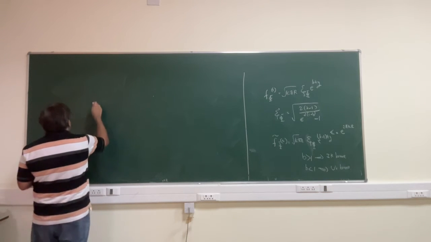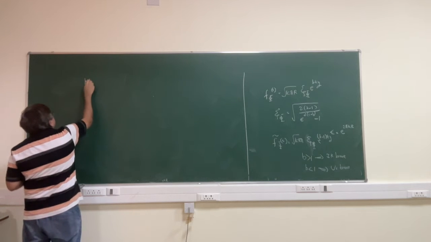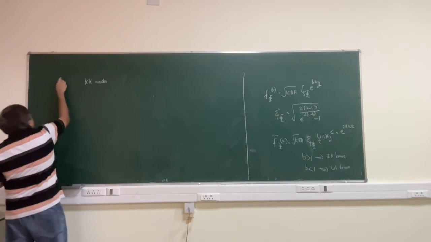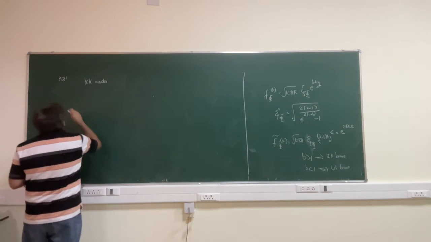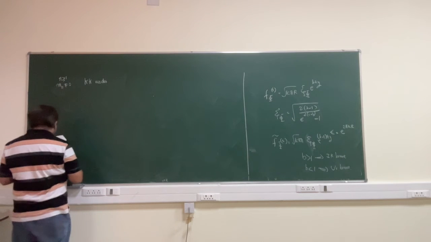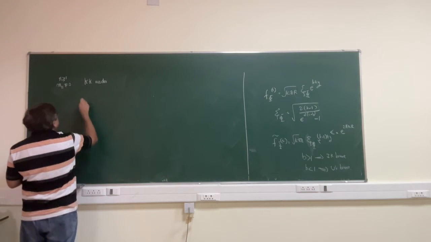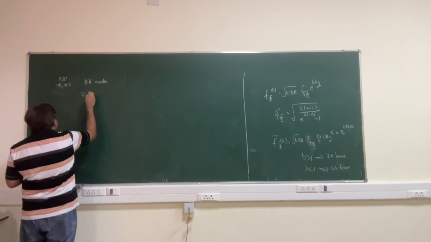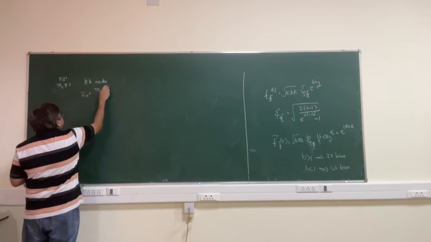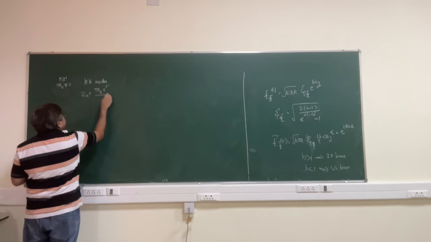So to write the KK modes, for n greater than or equal to 1, KK modes, m_n not equal to 0. So you introduce a new coordinate, sometimes called the conformal coordinate, but it's not exactly the conformal coordinate: z_n equals m_n e power sigma by k.